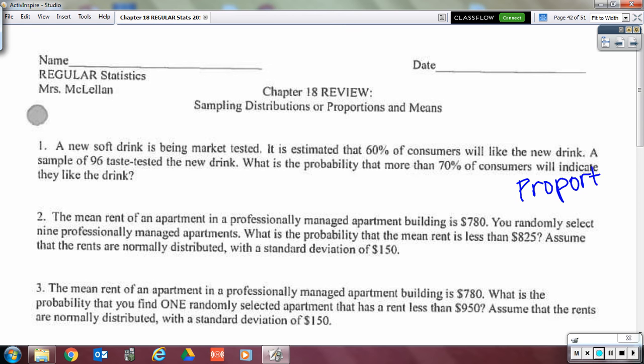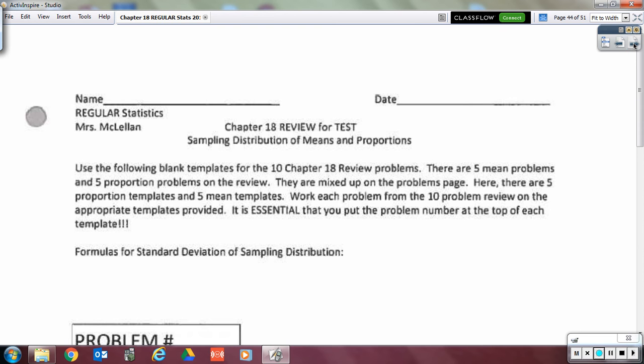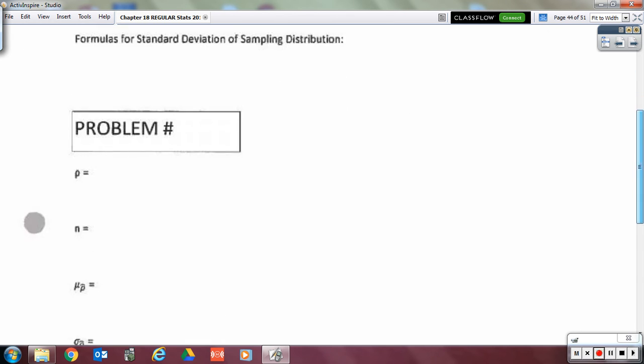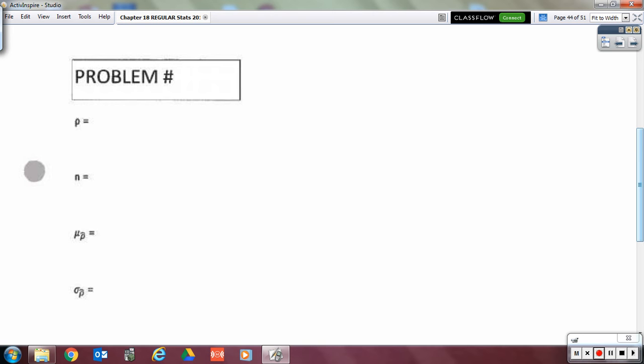So then you're going to come over here. Turn over to this page. These are small and all. So this is problem number 1. Okay, so it's a proportion problem.